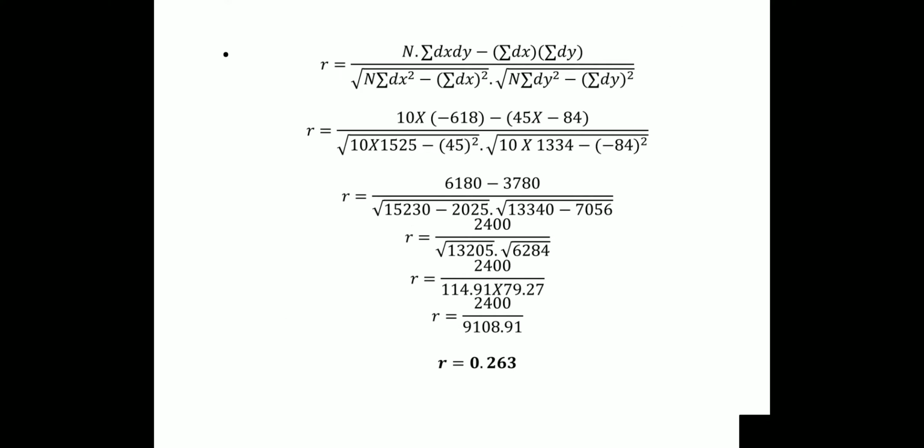The formula is r equal to n into sigma dx dy, where n is the number of observations and sigma dx dy is the last column of the table, minus sigma dx into sigma dy, divided by root of n into sigma dx square minus sigma dx whole square.